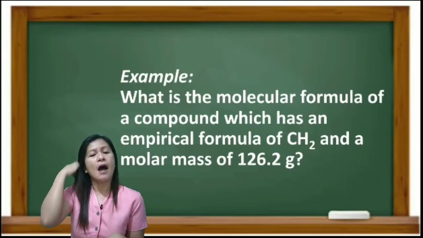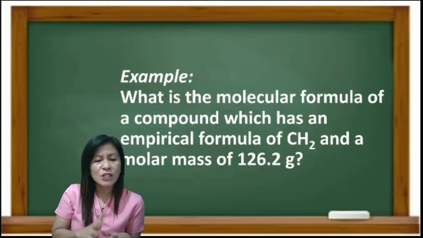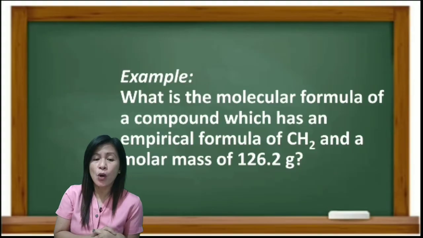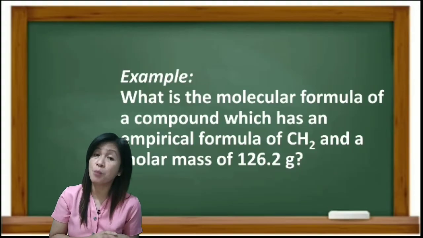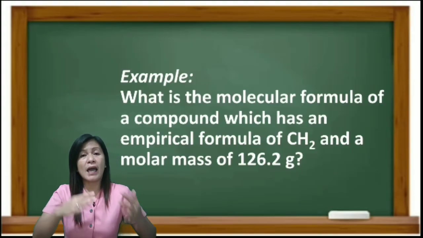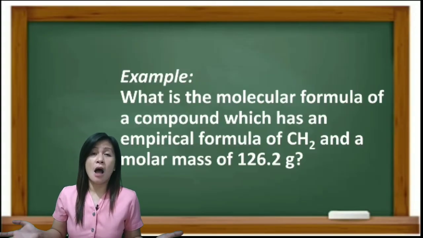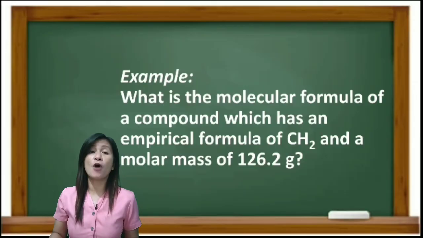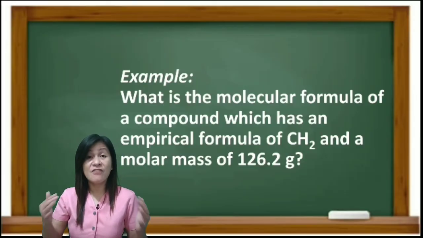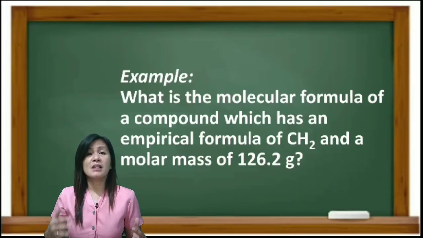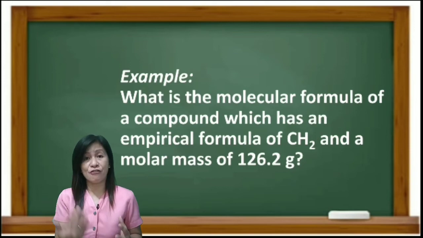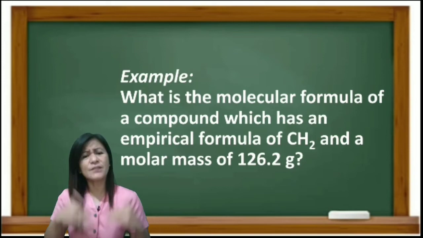What is the molecular formula of a compound which has an empirical formula of CH2 and a molar mass of 126.2 grams? This is what I am saying. If you are already given the empirical formula, you just get the molar mass of that empirical formula and then use that as the divisor for the given molar mass to get the value of n. And then the rest follows.